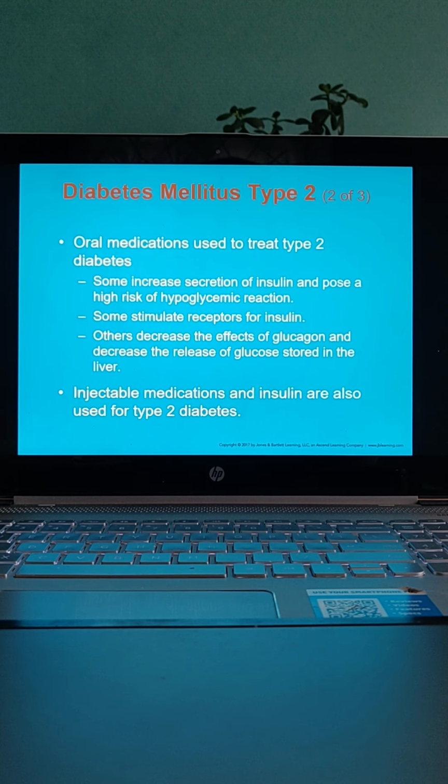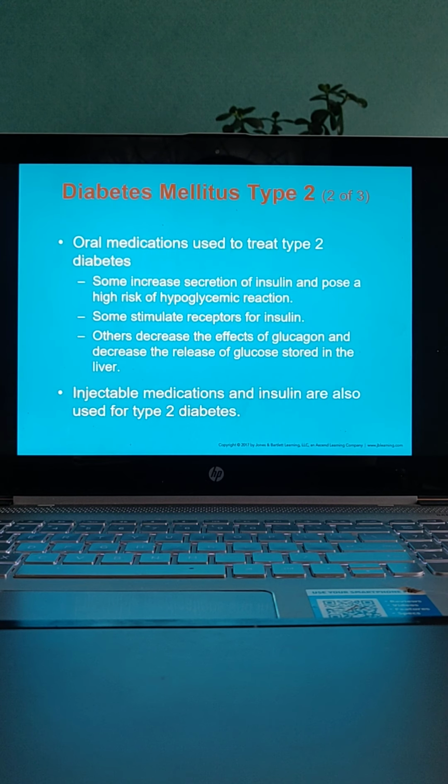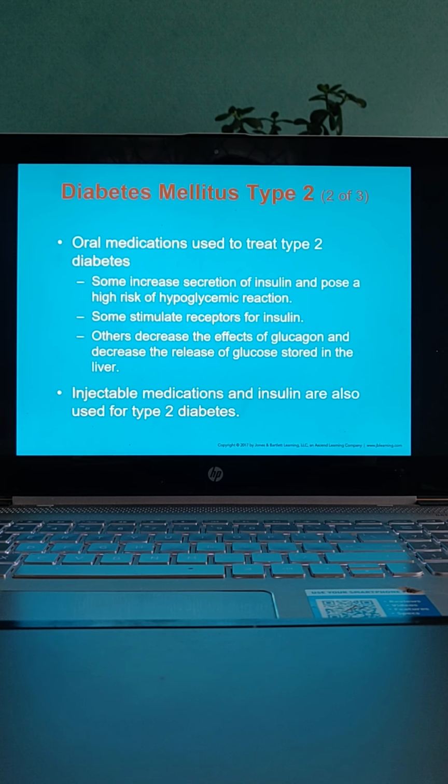Injectable medications and insulin are also used for type 2 diabetes. Type 1 diabetes is controlled with insulin. Type 2 diabetes is controlled with insulin and/or oral medications in addition to diet, exercise, and those medications. Okay?